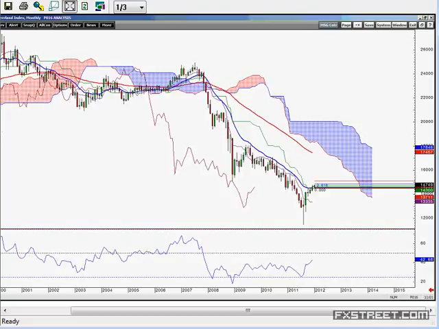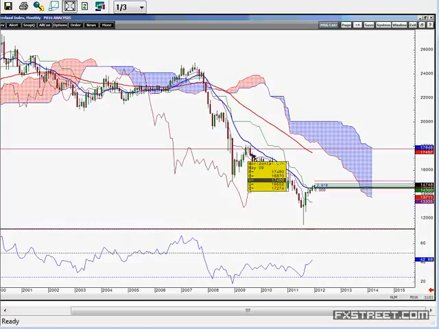So it moves up towards that level, then moves down off the cloud to this support level, and then bingo, up we go again, because that'll be a very nice left shoulder, head, neckline, right shoulder, and then move up.